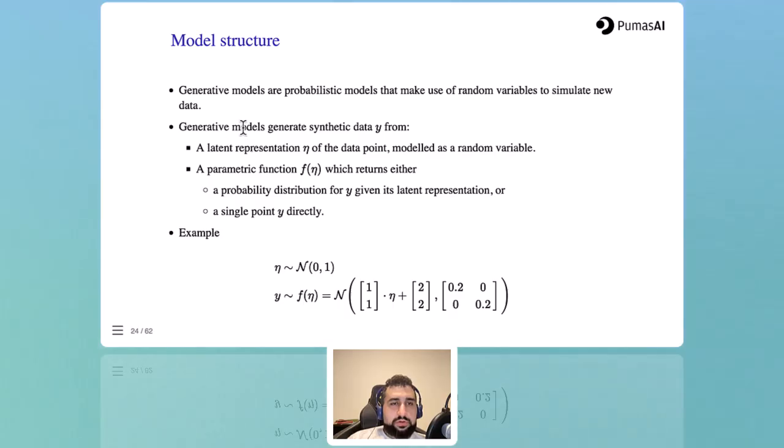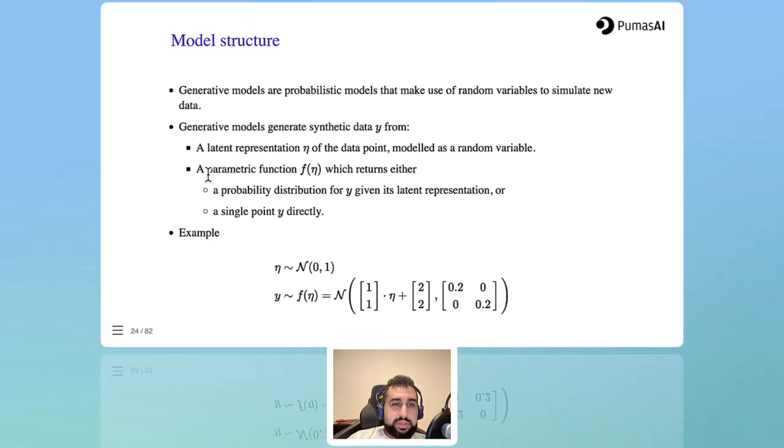So the goal of generative models, as we said, is to generate synthetic data Y. Commonly this is done by assuming some latent representation called eta. This is not an actual observed variable. You can think of it as just some random noise, or some variable that's sampled from any kind of distribution. In this case, I picked a univariate Gaussian, and it's called a latent variable, we're calling it eta here, and it's modeled as a random variable.